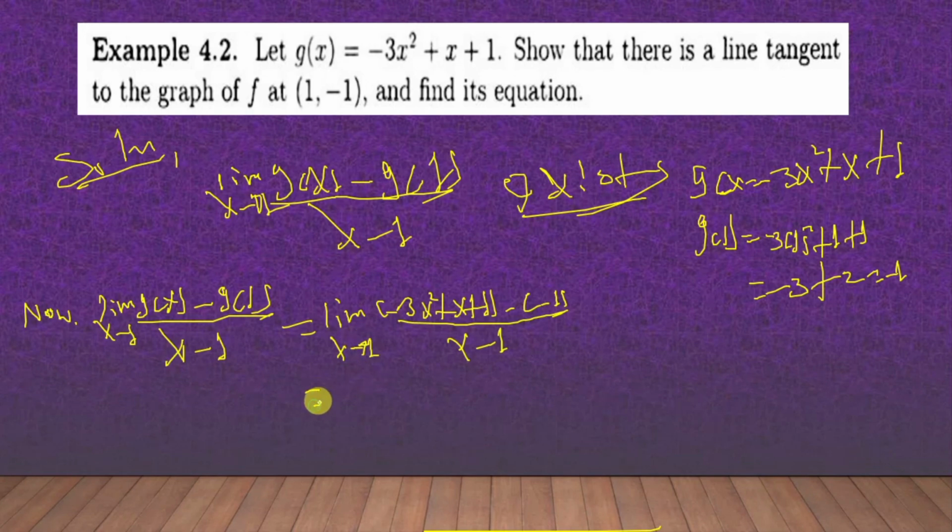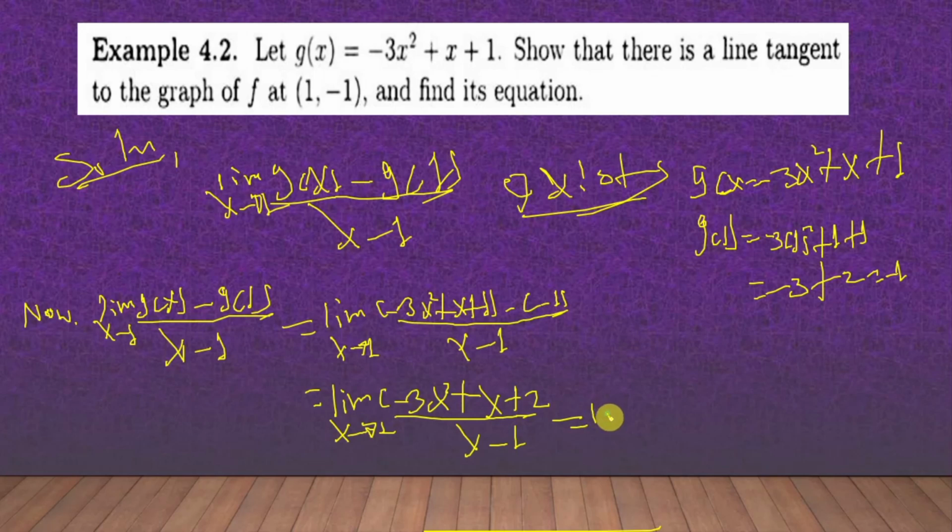Again, we simplify our numerator: minus 3x squared plus x plus 1 minus of minus 1, which is plus 1, then we get minus 3x squared plus x plus 2 divided by x minus 1 as x approaches 1.